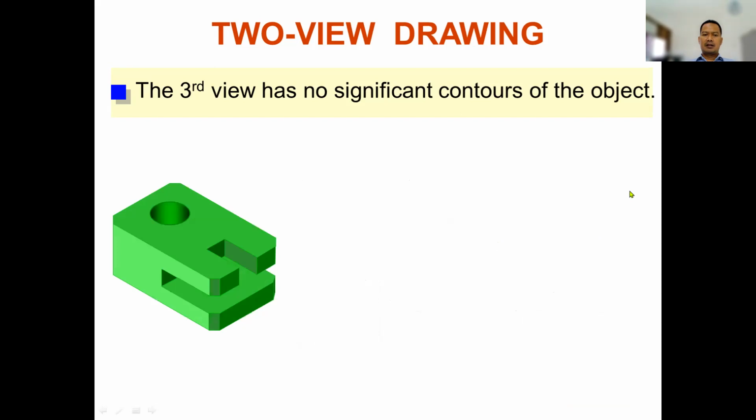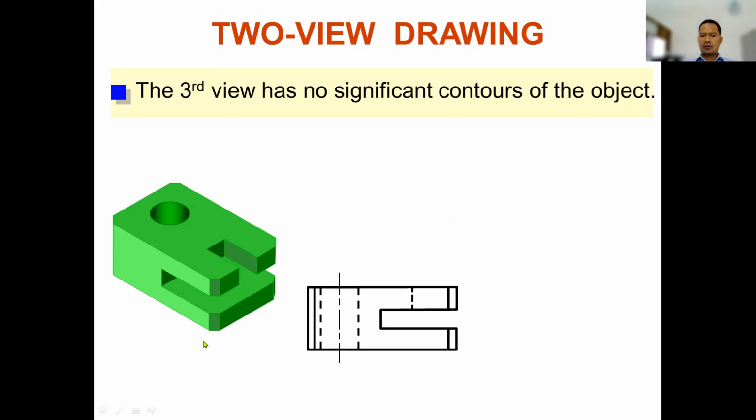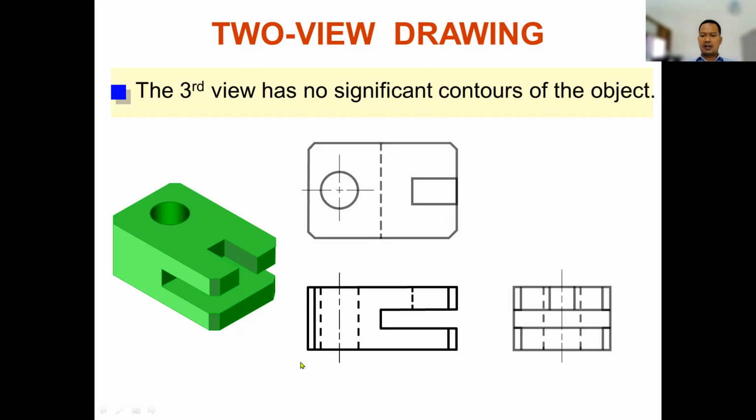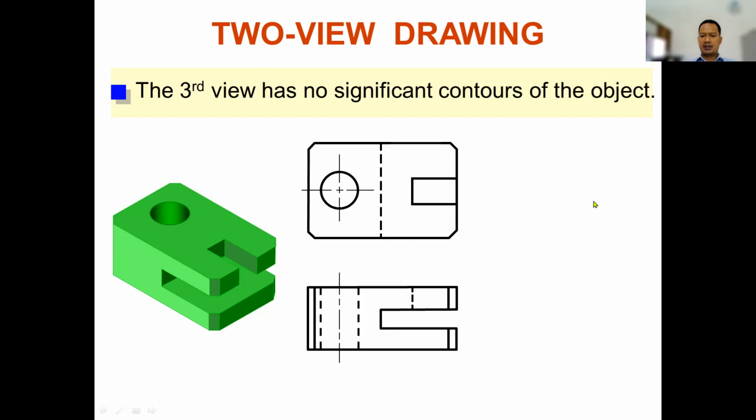And about this object, this is also only 2 projection views. For example, this one is a front view. Then you try to make a top view and right view. The right view is not necessary, so you can remove it and you have only 2 views here, front view and top view.